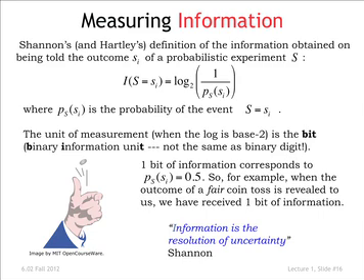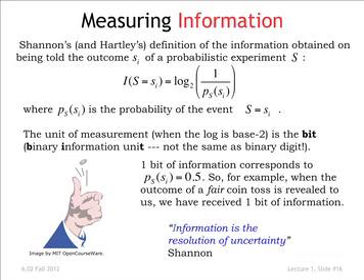So if you're thinking of a source that's putting out symbols, the symbols can be S1 up to Sn. The information in being told that the symbol Si was emitted is defined as log to the base 2 of 1 over the probability. Okay, so what you're trying to come up with is actually a measure of surprise. Maybe surprise is a better word than information.